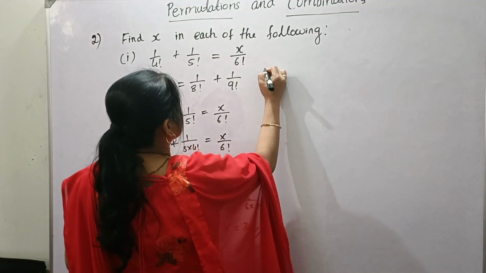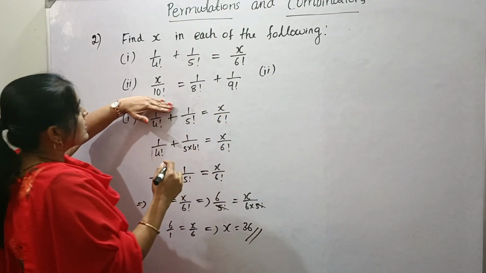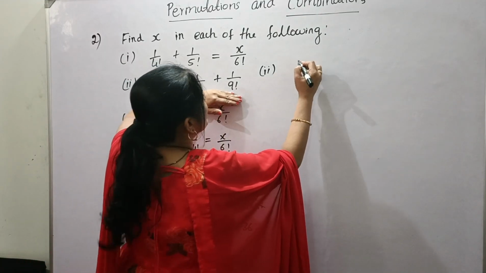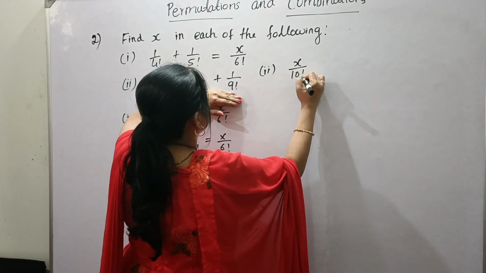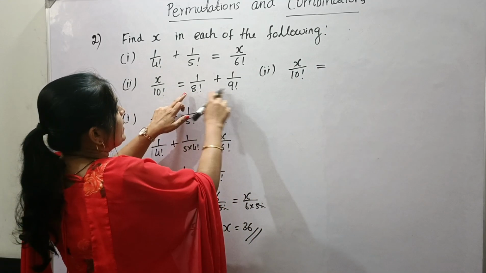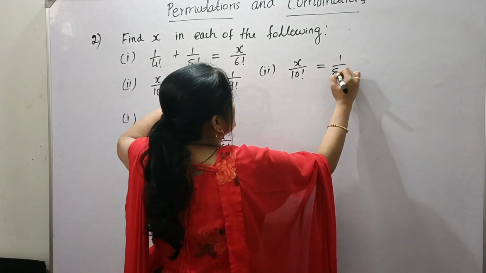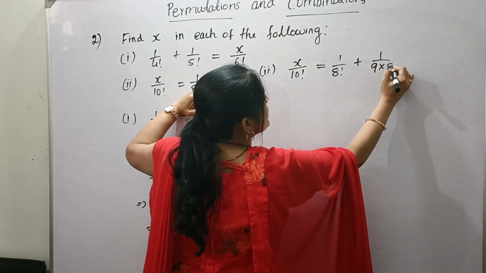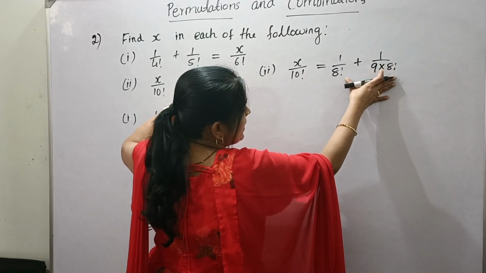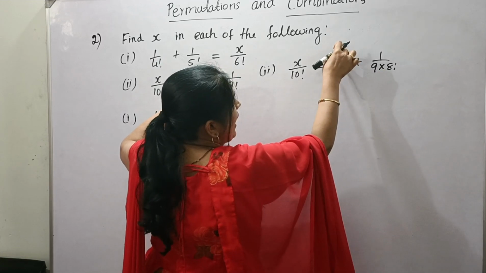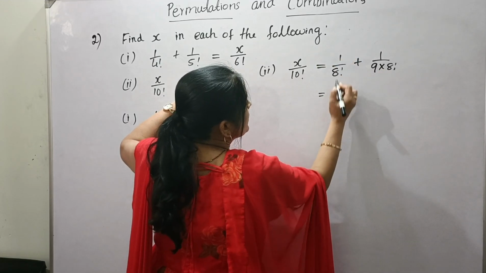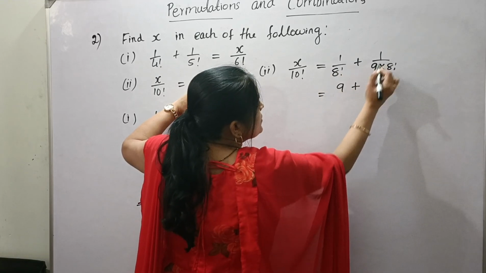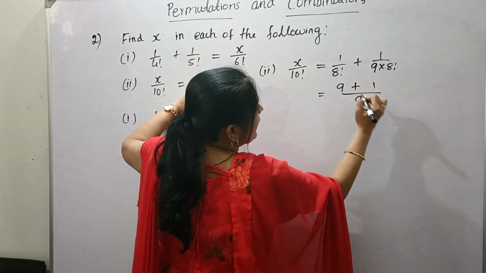Next, second one. Here let us take the LCM of RHS. x divided by 10 factorial is equal to 1 by 8 factorial plus 1 by 9 factorial, which can be written with 9 into 8 factorial, right? Here 9 factorial is the LCM, so we have to multiply 9 here, because here only 8 factorial. So 9 plus 1 divided by 9 factorial.